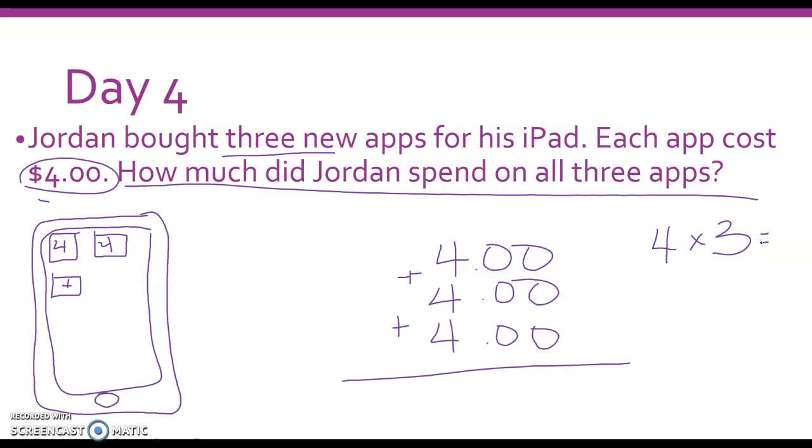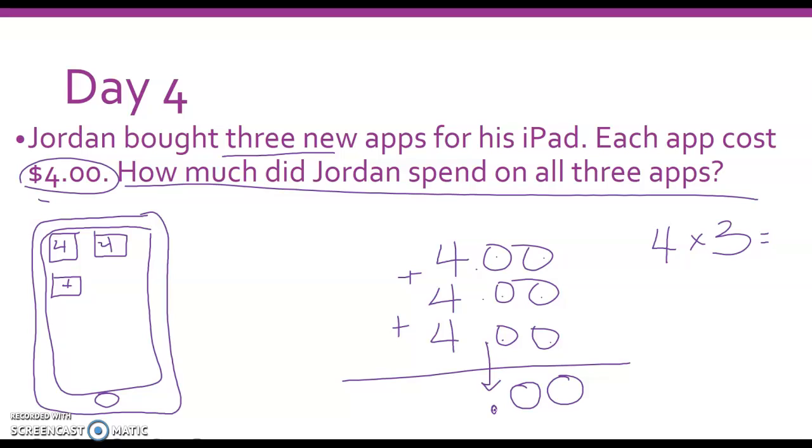So, looking over here in my cents area, I have 0 plus 0 plus 0 for a grand total of 0. Then, over here I have 0 plus 0 plus 0 for another 0. Now, because these are all dollars and cents, I need to bring down that point, because that tells me if it's dollars or cents that I'm dealing with.